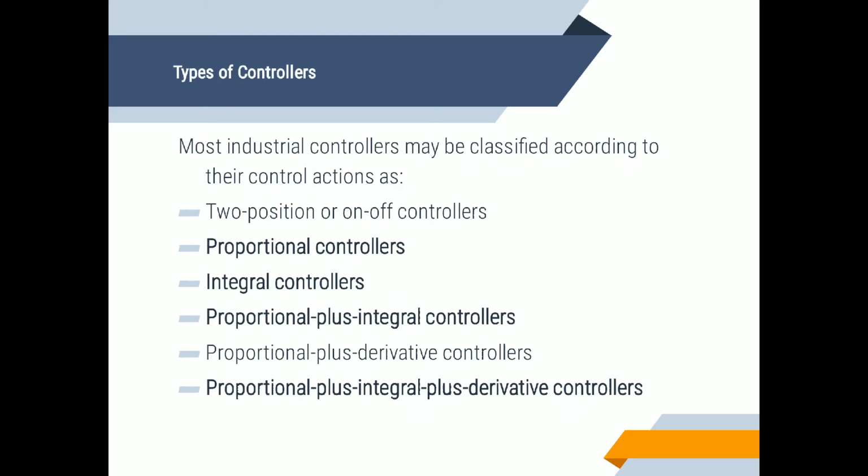Now, the classic types of controllers are the two position on-off controller, proportional controller, integral controller, proportional plus integral controller, proportional plus derivative controller, and proportional plus integral plus derivative controller. They can also be classified according to the power source used for actuating mechanisms, such as electrical, electronic, pneumatic, and hydraulic controllers.